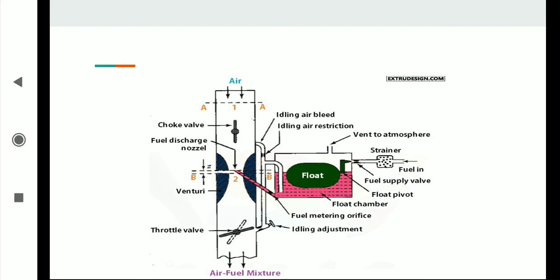To avoid overflow of the fuel through the jet, the level of the liquid in the float chamber is maintained slightly below the tip of the discharge jet. This is called the tip of the nozzle. The difference in height between the top of the nozzle and the float chamber level is marked by H.